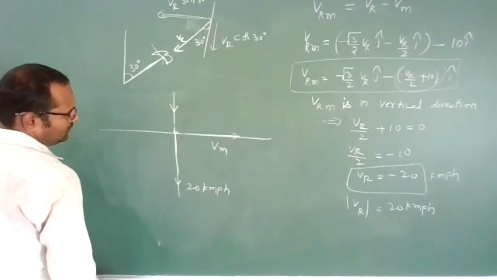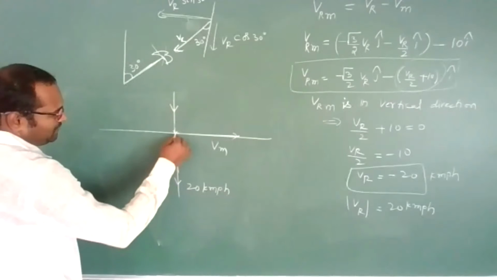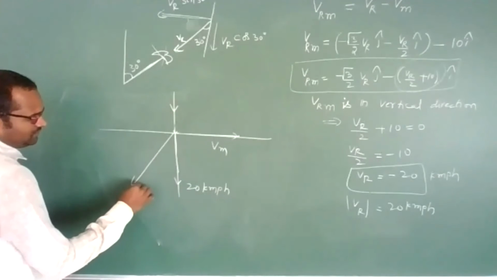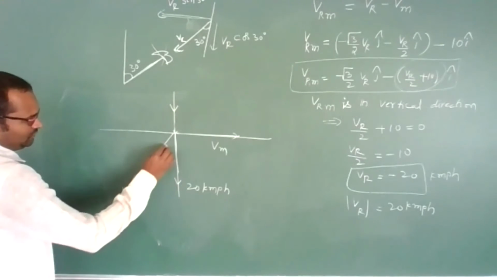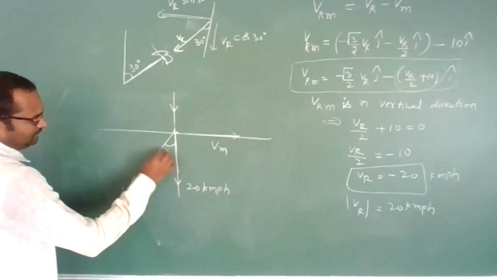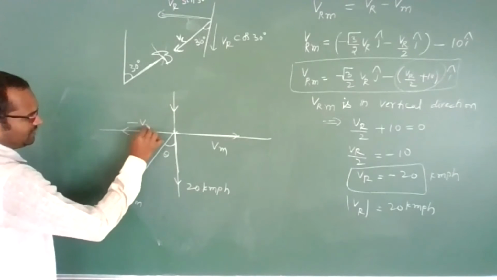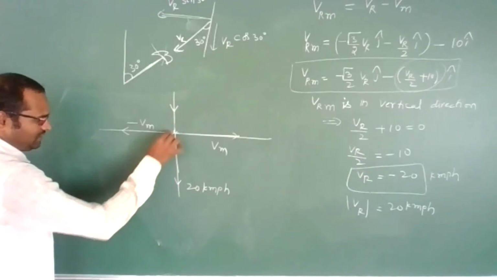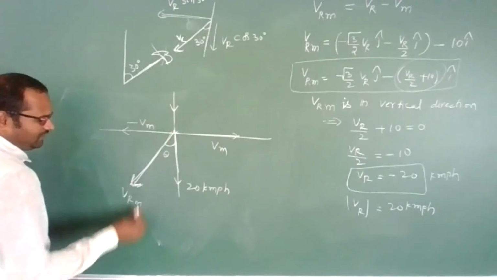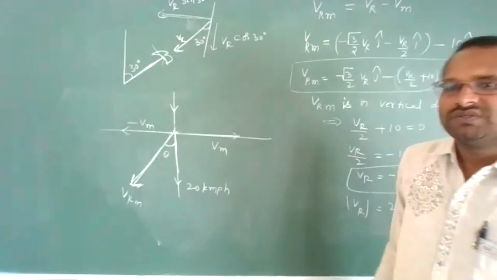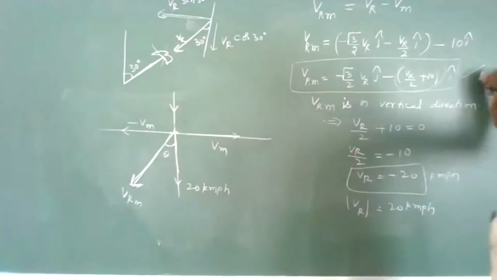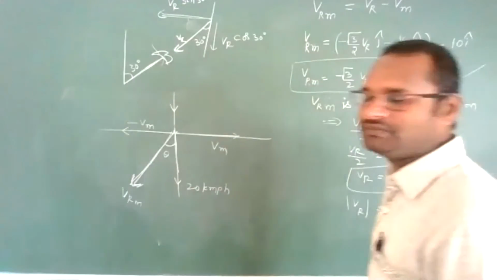So due to this, rain appears to the man to be in this direction. This is velocity of rain with respect to man. So this will be theta. This will be minus velocity of man. So this is velocity of rain. Now got it? In vector form I have shown, so better from here only you get it. It will be easy for you.